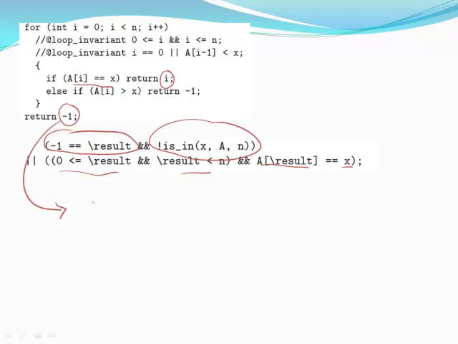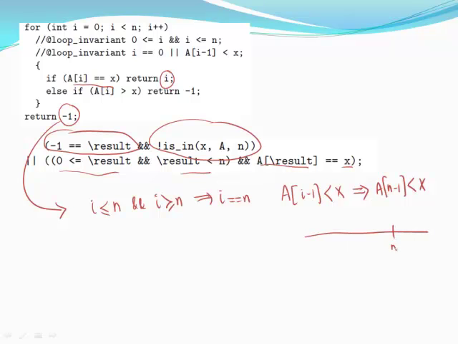If that's the case, we know that one of the loop invariants is i is less than or equal to n, and the loop exit condition is i is greater than or equal to n, and therefore this implies i is equal to n. So if it returns with i equal to n, because of the loop invariant a[i-1] is less than x, that implies a[n-1] is strictly less than x. So x is way beyond the last element, and therefore we could not find it.